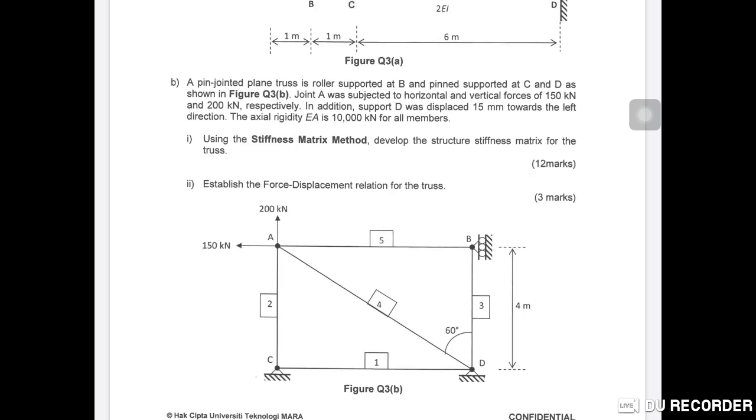In addition, support D was displaced 15 mm towards the left direction. Using the stiffness matrix method, develop the structure stiffness matrix for the truss. And number 2, establish the force displacement relation.